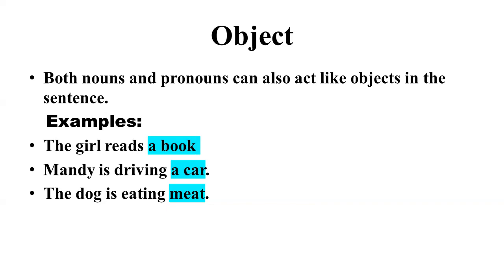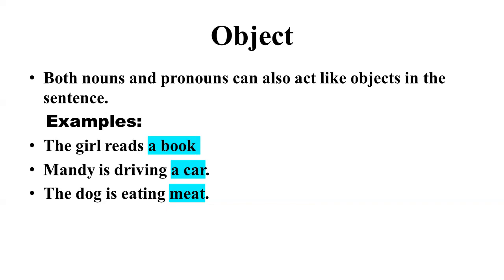Mandy is driving a car. Who is driving? Mandy. So the answer to who is subject. What is she doing? Driving. Driving is verb. And what is she driving? She is driving a car. So the car is object in this sentence.